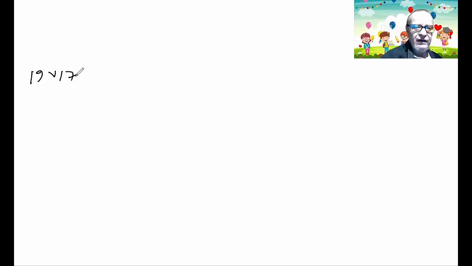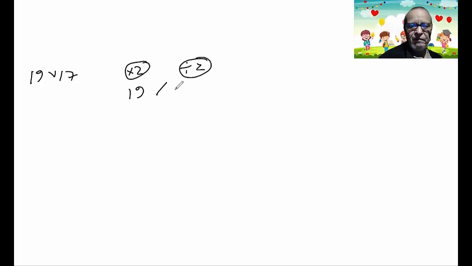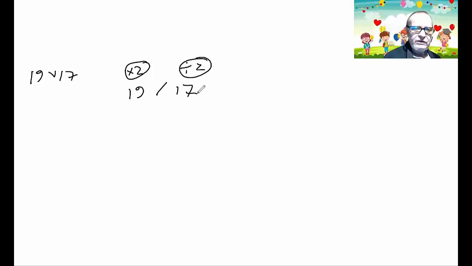But instead, I'm going to put this one times 2 and this side divided by 2. If I divide 17 by 2 and just take the non-remainder part, meaning the part before the decimal point, I'll get 8. And if I double 19, I'll get 38.